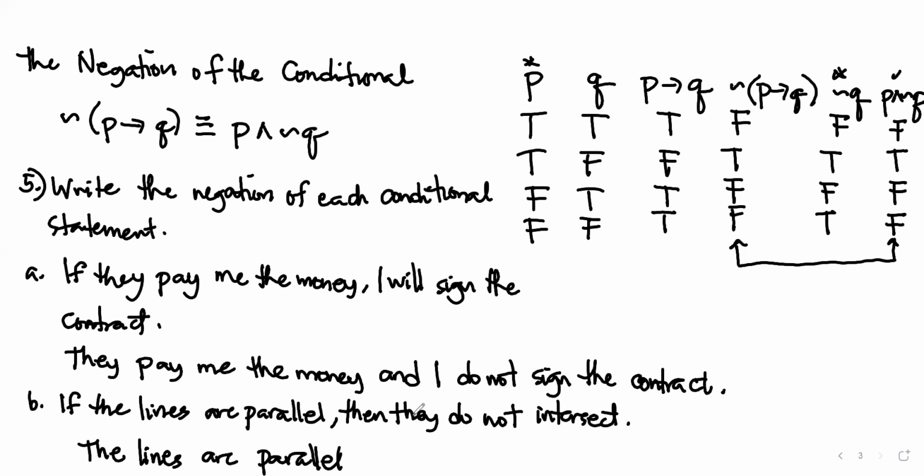And we use conjunction, so "and," and we negate our consequent, negate this: and they intersect. Okay, the lines are parallel and they intersect.